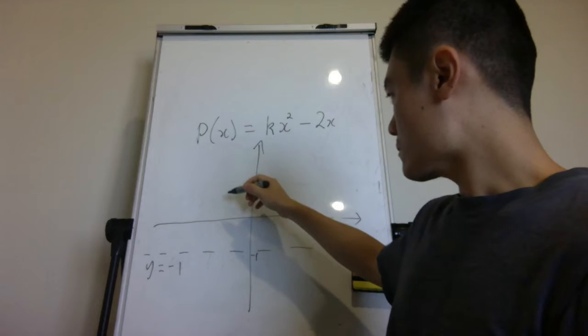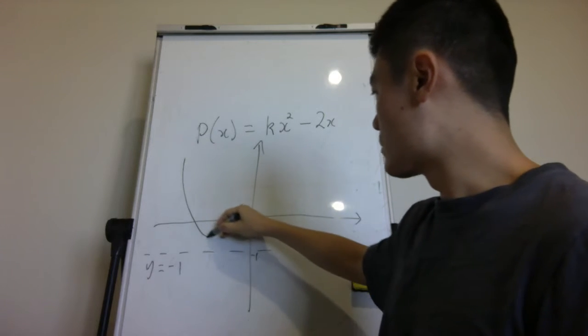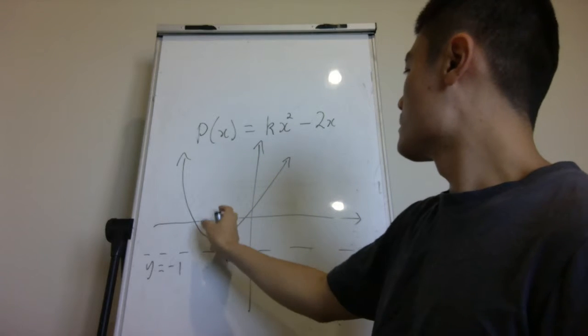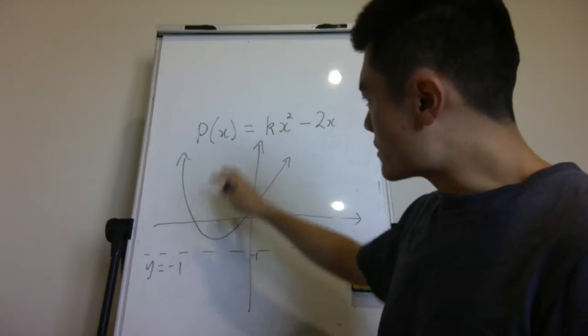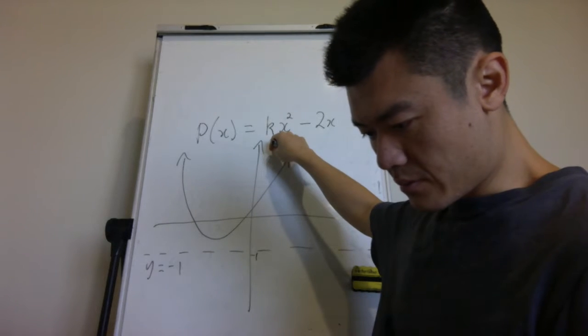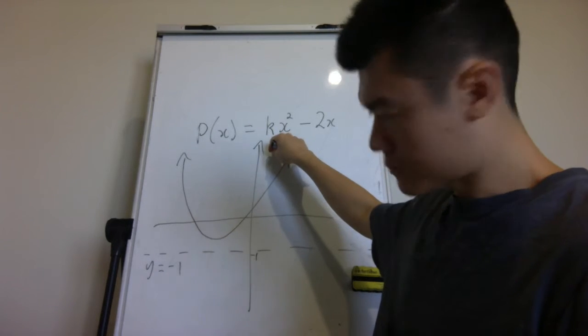So basically, you're looking for a parabola that's facing upwards, so k is greater than 0. It's not equal to 0 for it to be a parabola.